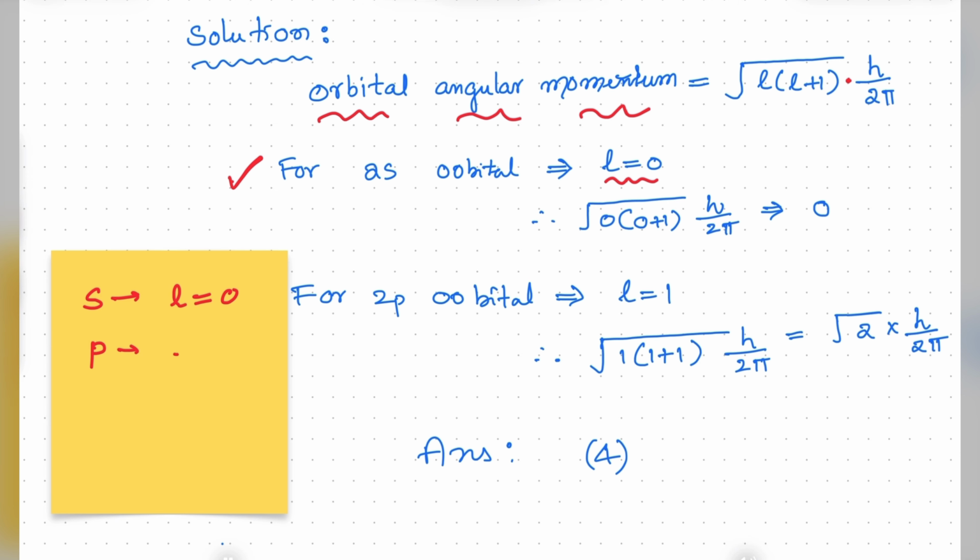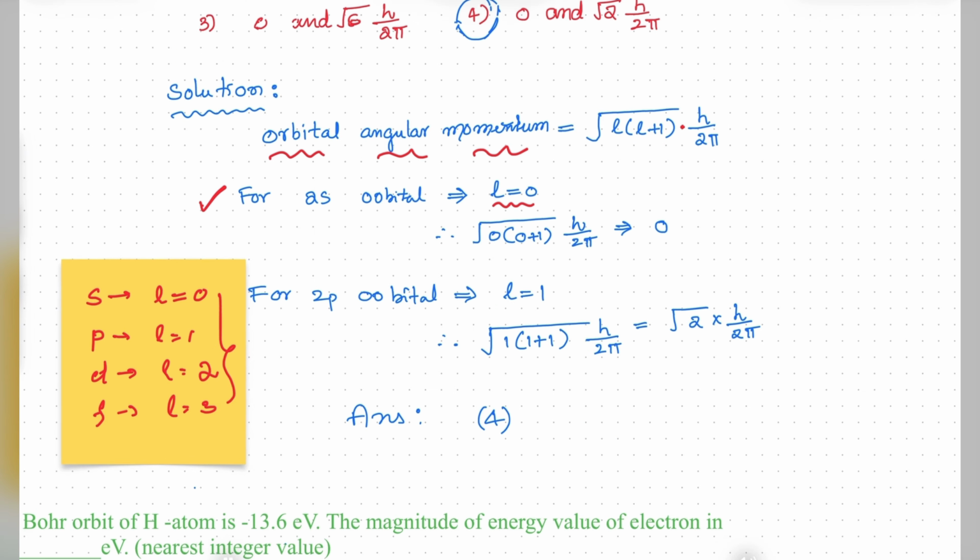For the p orbital, L value is 1. For the d orbital, L is equal to 2. And for the f orbital, L is equal to 3. These are the azimuthal quantum number values.